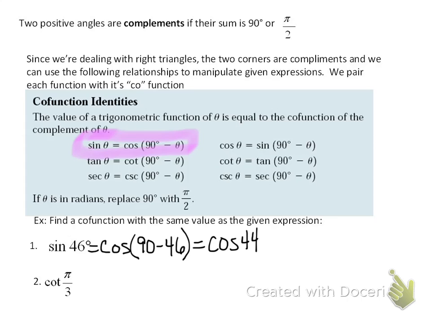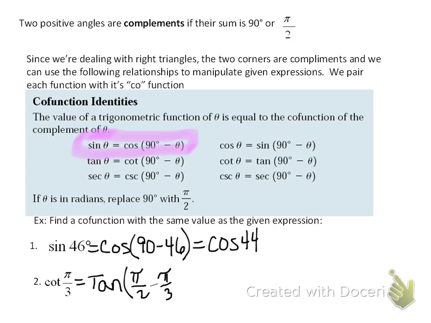All right, the cotangent of pi over 3. Well, what is the cofunction for cotangent? Tangent. All right, well, I can't say 90 minus, so I have to use the radian equivalent of 90, which is pi over 2. So I'm going to take pi over 2 minus pi over 3.